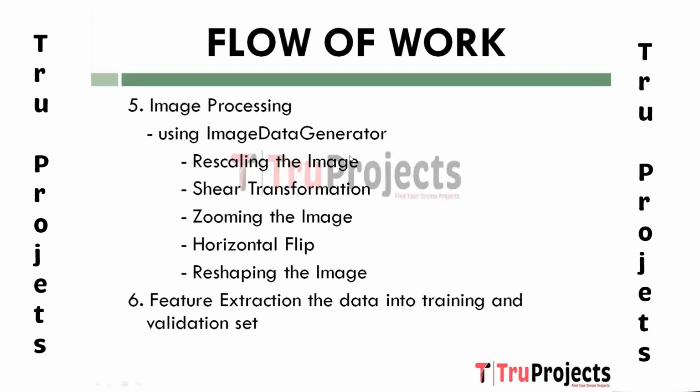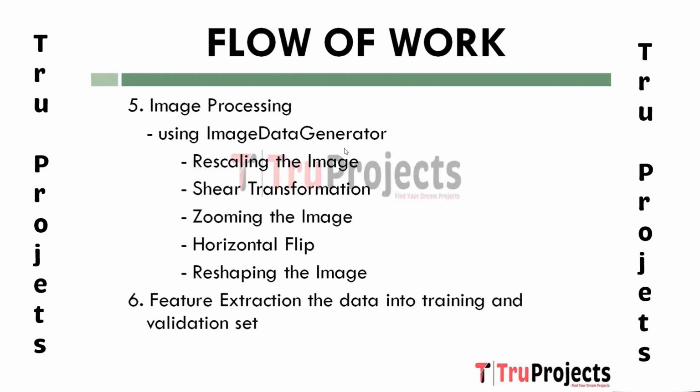Next, fifth, we have image processing. In this we use ImageDataGenerator, a tool in deep learning for data augmentation and pre-processing. First, rescaling the image, adjusting the image scale to a specific range for consistent processing. Then shear transformation, applying the shear transformation to the images to improve the model robustness.